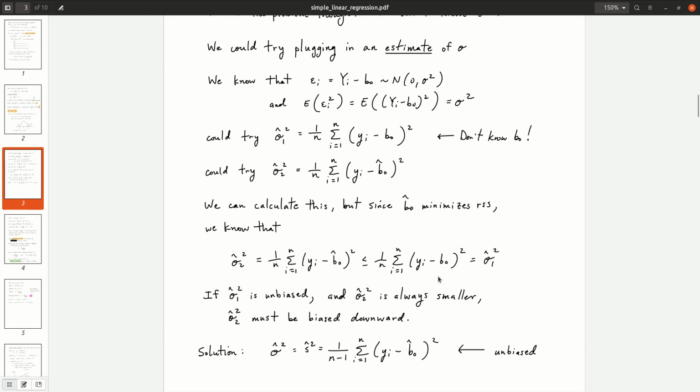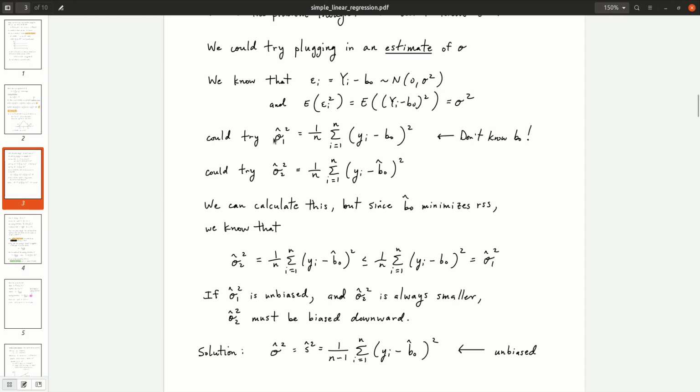In particular, I'm going to plug in the true value of the population mean. That quantity is sigma 1 squared. So we know that sigma 2 squared has to be smaller than this one.